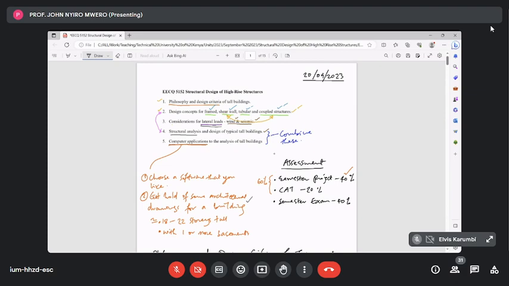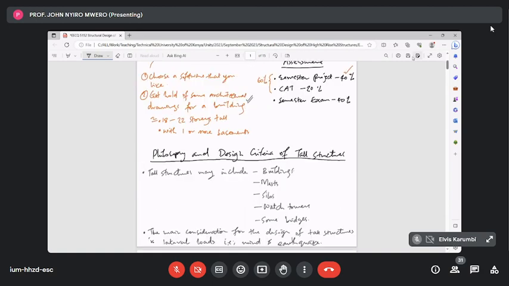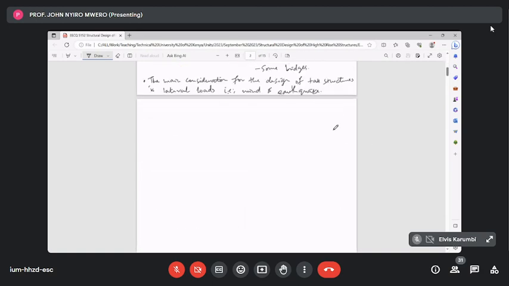Okay. And these systems we will look at them in this your project. So this course content really ties up nicely. You cannot discuss one topic in isolation with the other one. This is how I look at this course content. I think it's a really good course content, well thought out. Okay, so the main criteria is lateral loads.